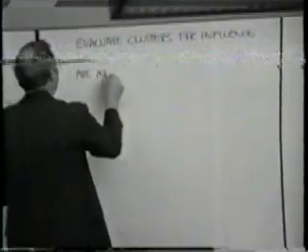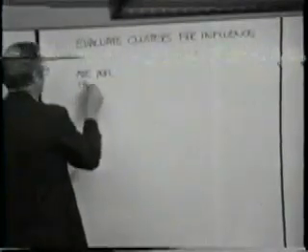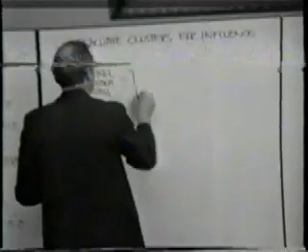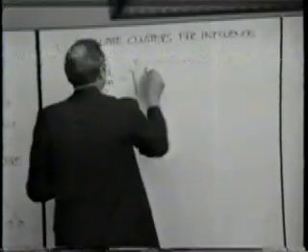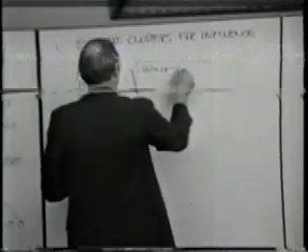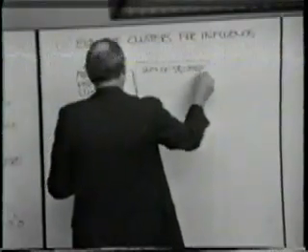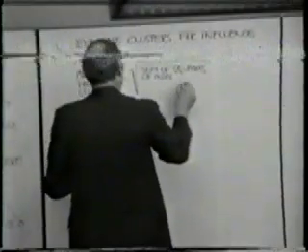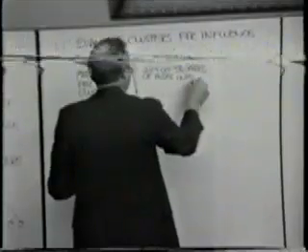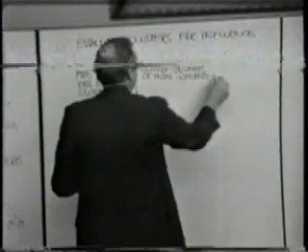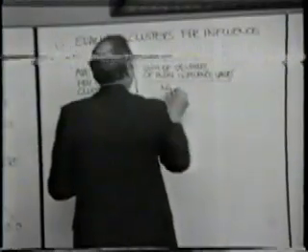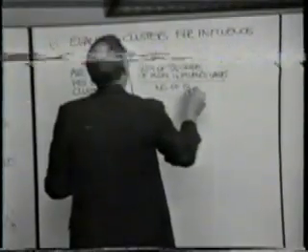The average influence for each cluster is going to equal the square root of the sum of the squares of the individual influence values. This is for each, in other words, for each problem element, divided by the number of problem elements.